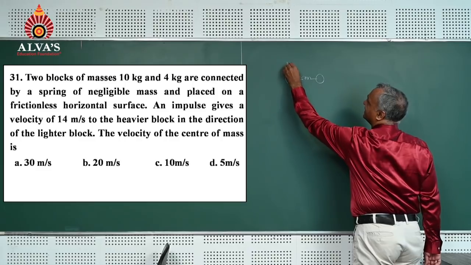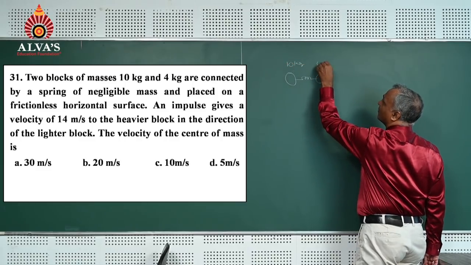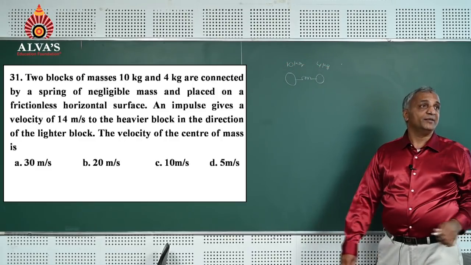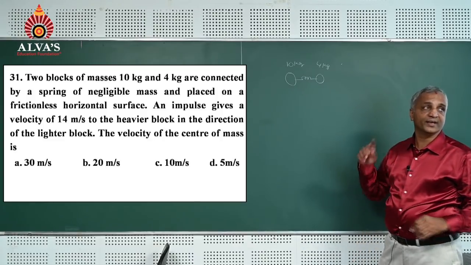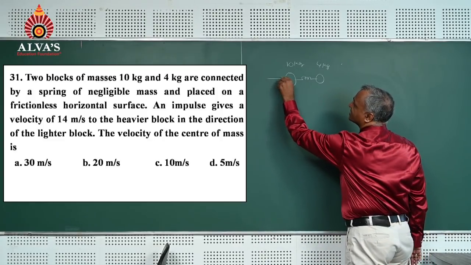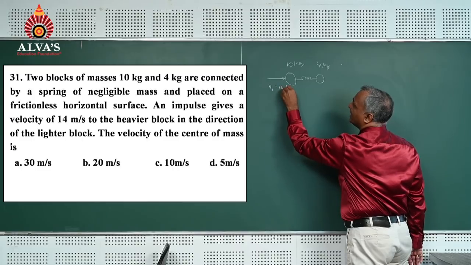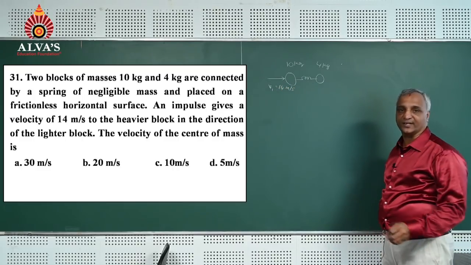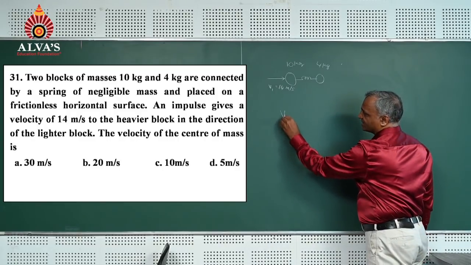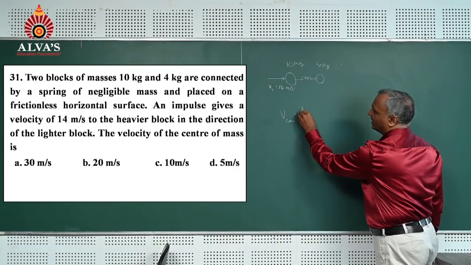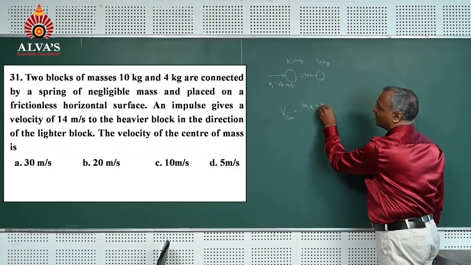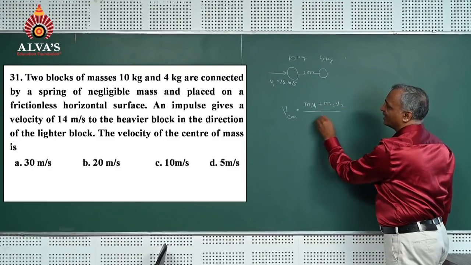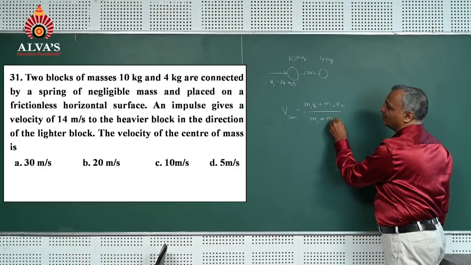This is 10 kg and this is 4 kg. And an impulse is given to the heavier block so that its velocity will be 14 meters per second. And I want to find out the velocity of the center of mass, and we know that velocity of the center of mass will be equal to m1 v1 plus m2 v2 divided by m1 plus m2.